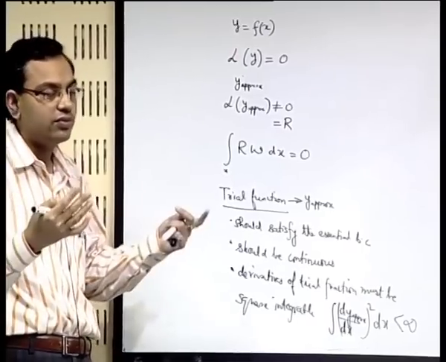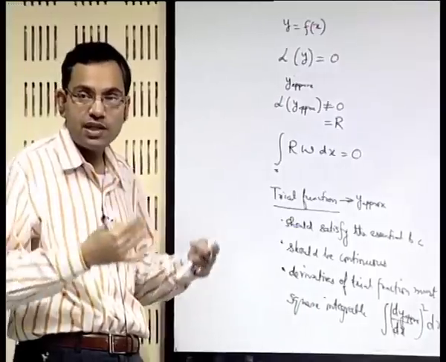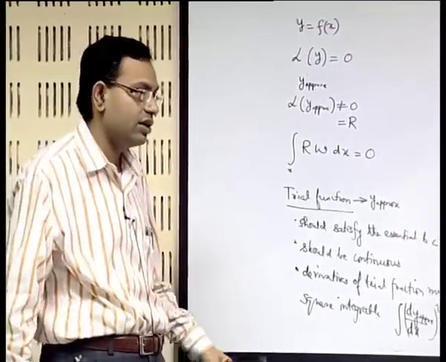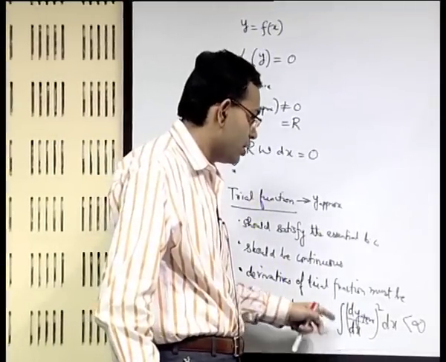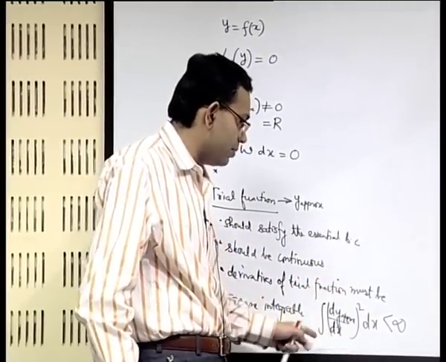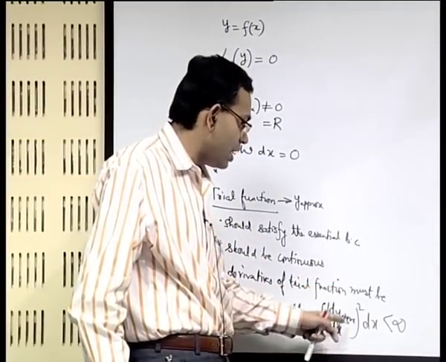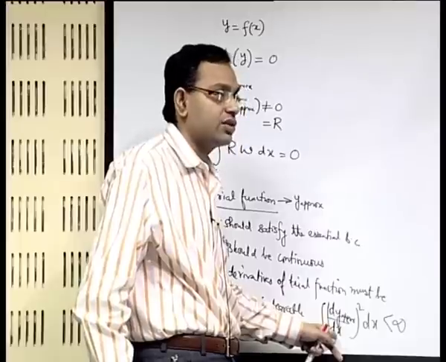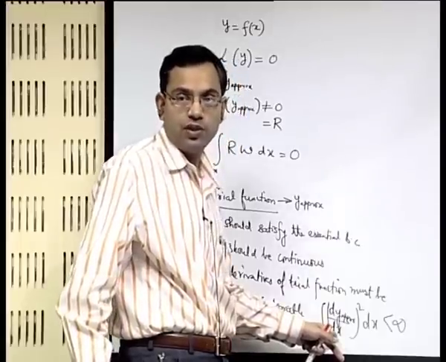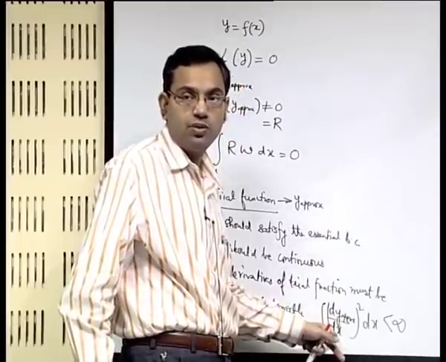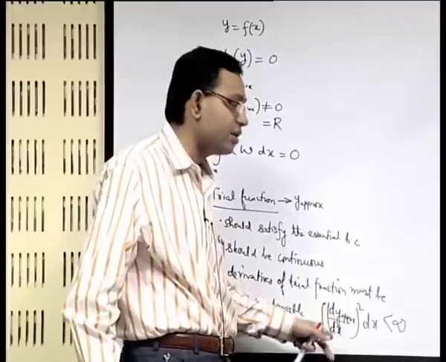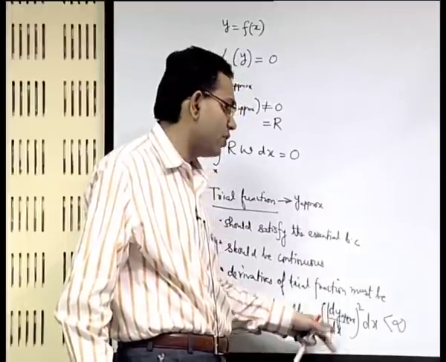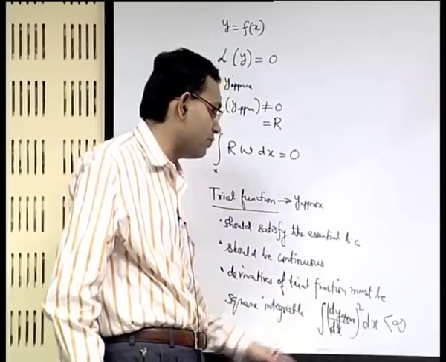Similarly, for a fourth order problem, it would be a second order derivative continuity requirement. So, if it is a second order problem, then you only require up to the dy dx type of term for your continuity requirement. You do not require any higher order derivative corresponding to your variational formulation.